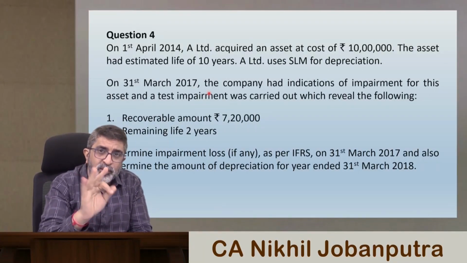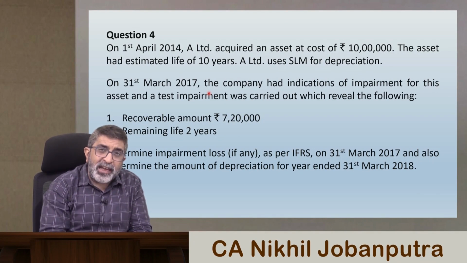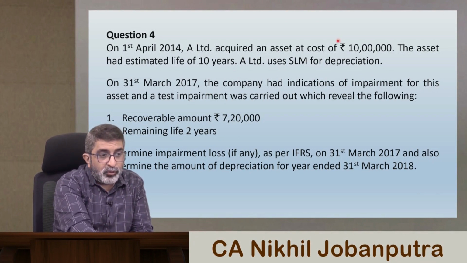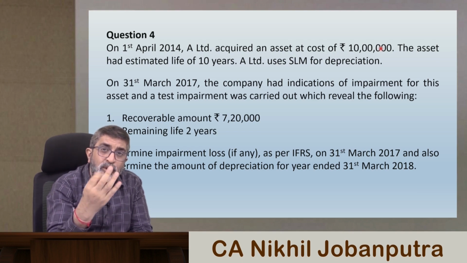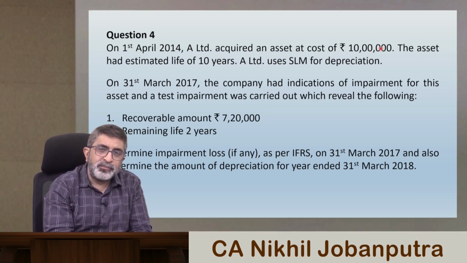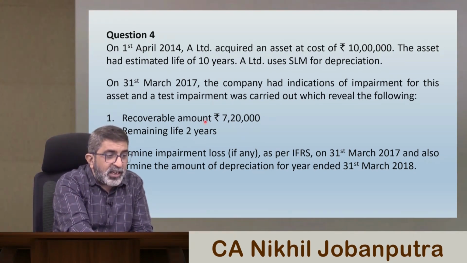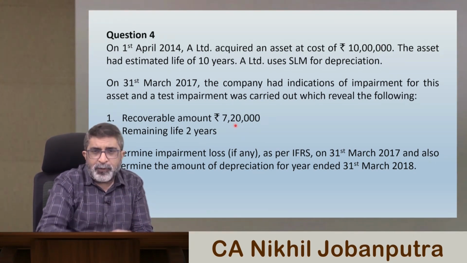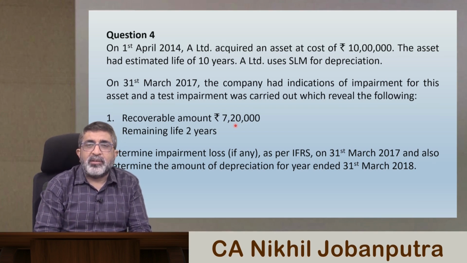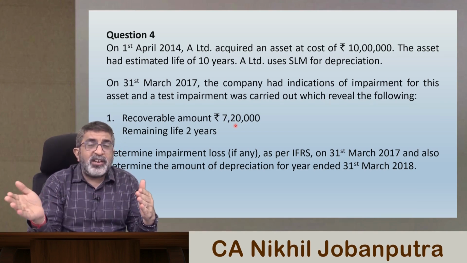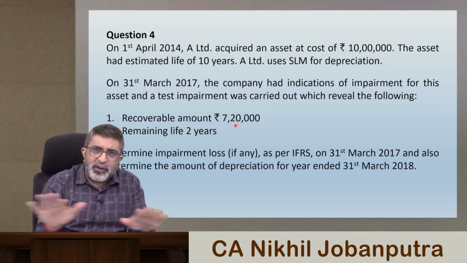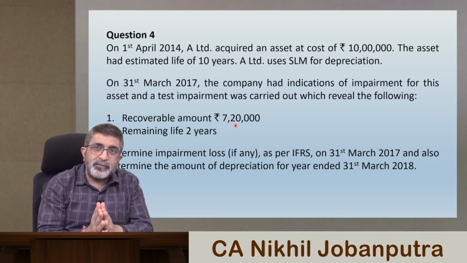So in 3 years you would have charged 3 lakhs of depreciation. So from the original cost, if you subtract 3 lakhs of accumulated depreciation, the resulting carrying amount will be 7 lakhs, and the recoverable amount they have given ready information as 7,20,000. Now carrying amount does not exceed recoverable amount, so asset is definitely not impaired.